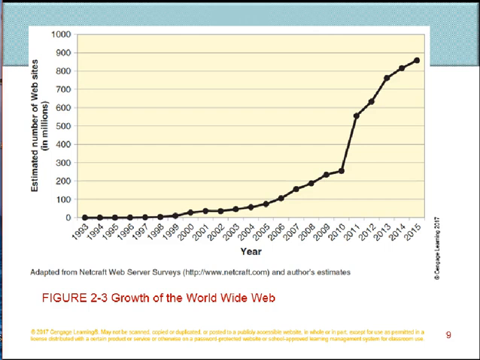And here we see the growth of the World Wide Web, and we can see how rapidly it grew in relation to the internet itself, and how from the period of 2008 to 2014 it was skyrocketing in its growth.